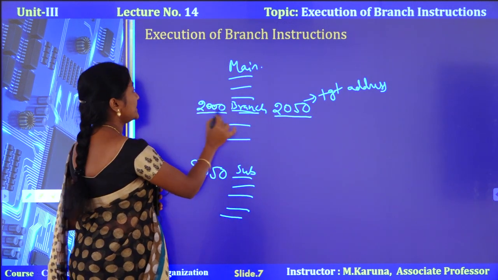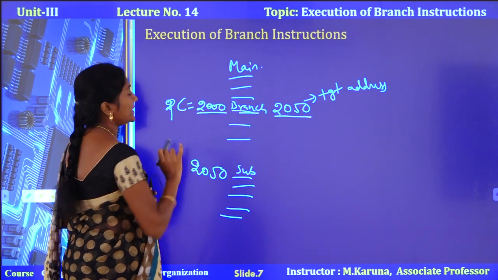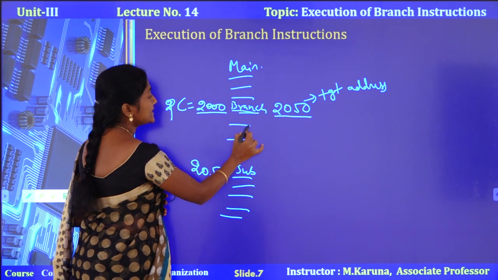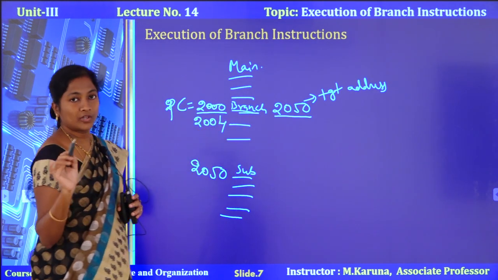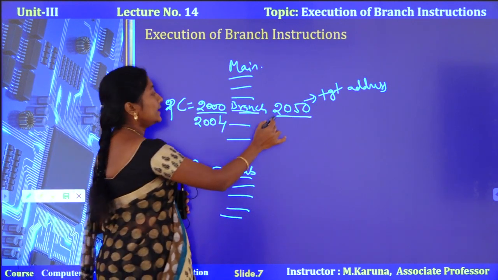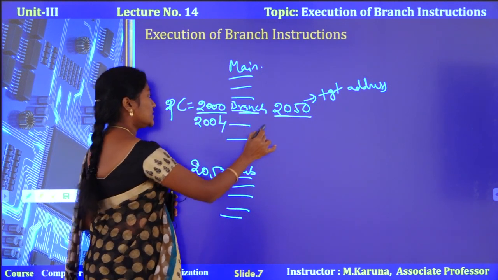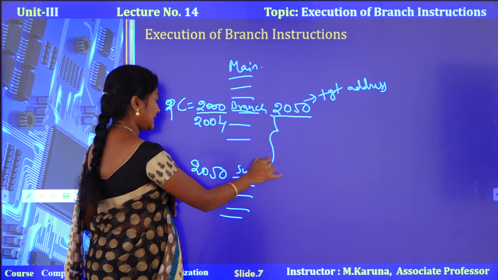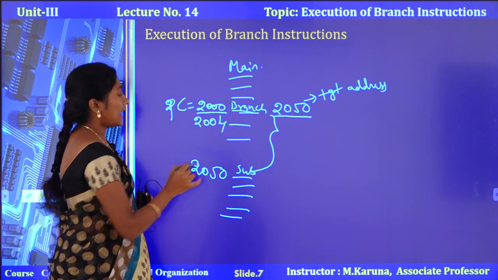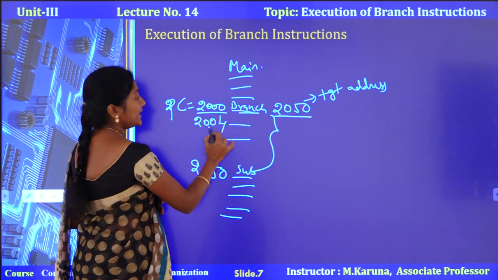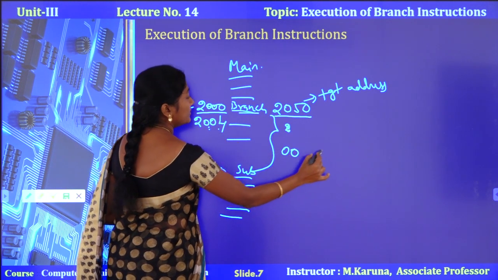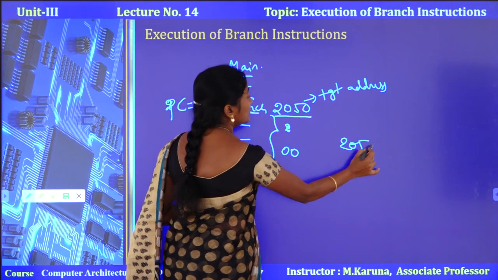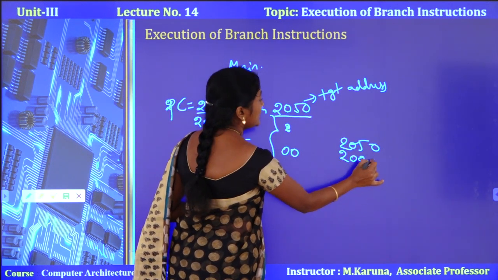For example, this is 2000 available in PC, the address of the next instruction of the branch is 2004. Now, this is the target address. So, the difference between target address and the address of the next instruction is, means 2050 and 2004.